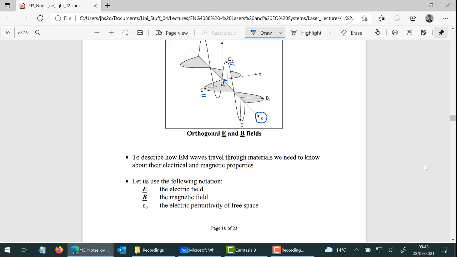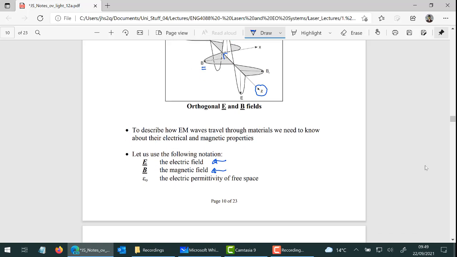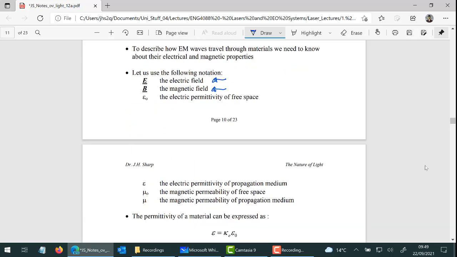We use E to denote the electric field, B to denote the magnetic field, and we have to then think about, if that wave is travelling through some medium or through vacuum, what are the electric properties of that material or the vacuum, and what are the magnetic properties? Because that's obviously going to affect how the electric field manifests itself.